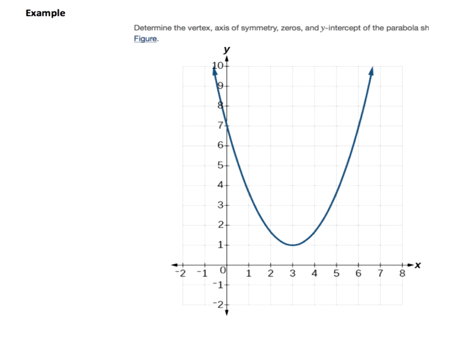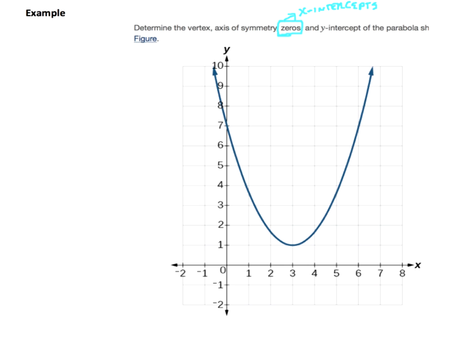Okay, so we're asked to determine the vertex, the axis of symmetry, the zeros. Okay, so we haven't talked about that word yet. But this is the same thing as the x-intercepts. The reason they're called zeros is because that's what you get when you plug 0 in for f of x.